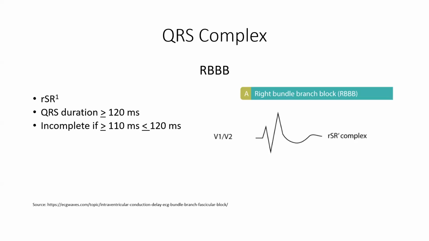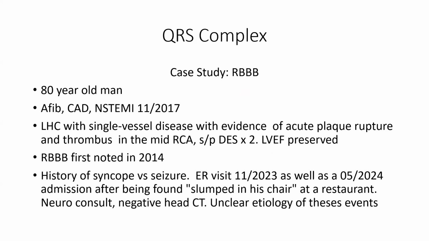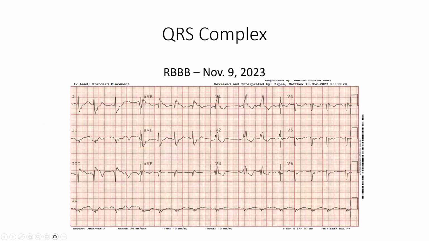And he has a longstanding right bundle branch block that was first noted in 2014, so it predates the coronary disease. But he came in with syncope versus a seizure, found slumped in his chair. Neuro consult was negative. So one of the things that we think about is conduction disease because of that right bundle branch block.